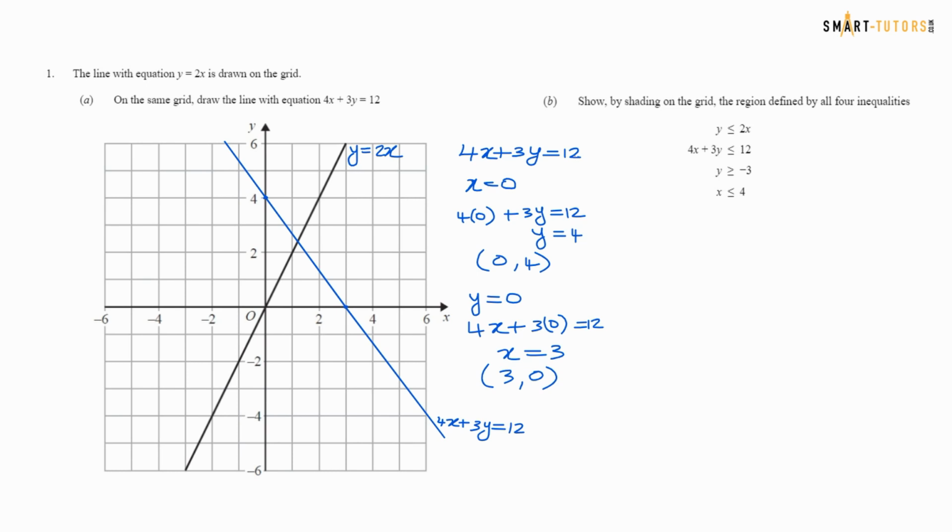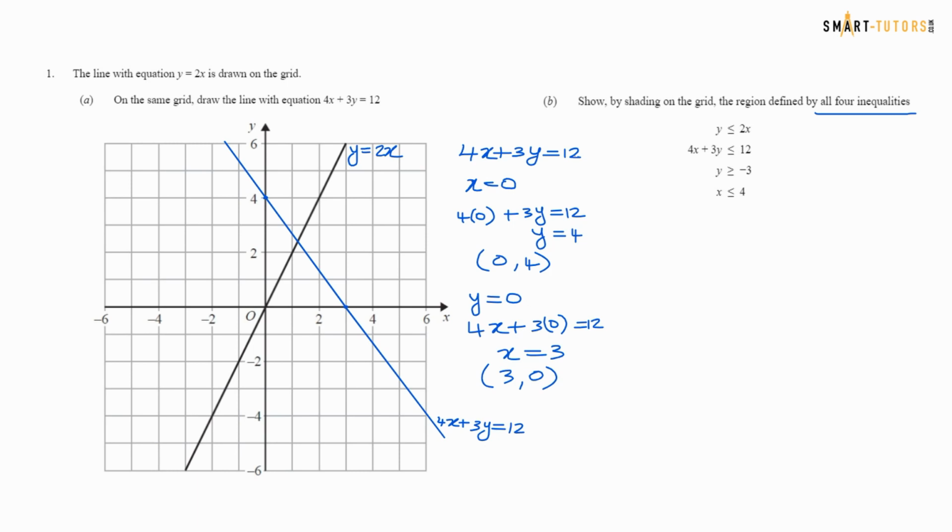Second part: show by shading on the grid the region defined by all 4 inequalities. So y is less than or equal to 2x. Less than or equal to means the equal sign gives a dark line, and the dark line is already drawn there.